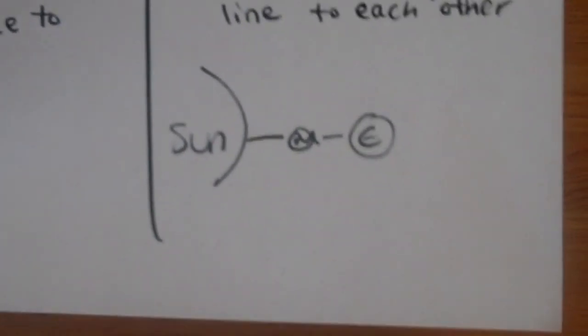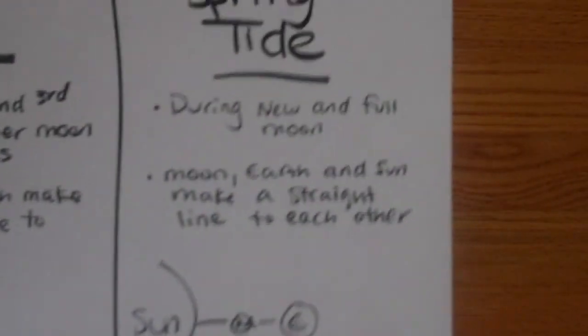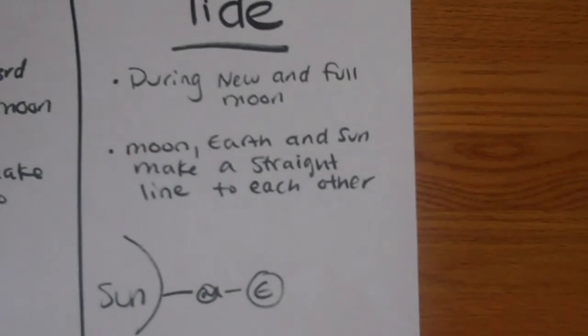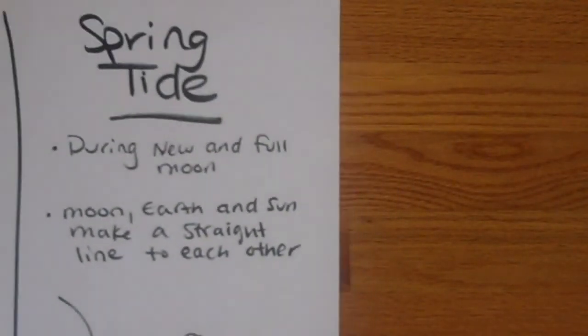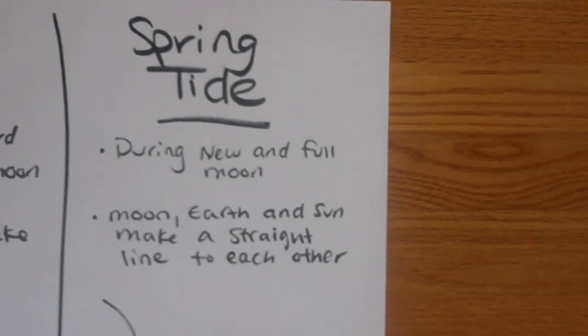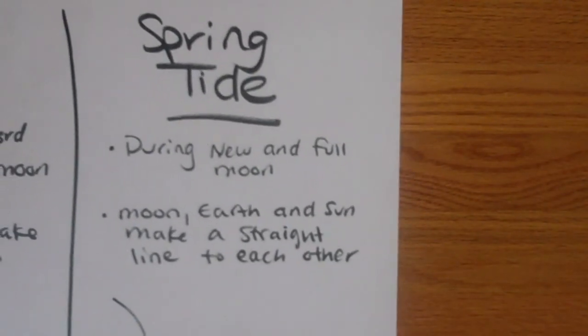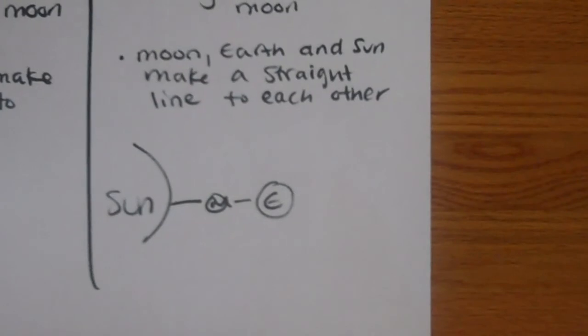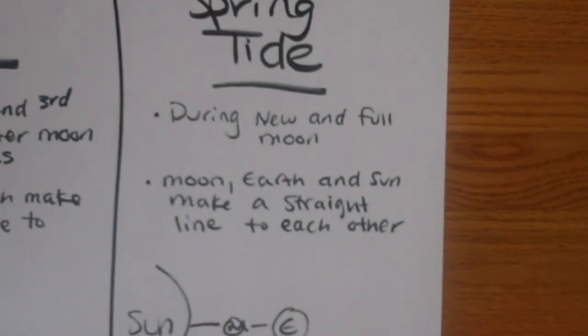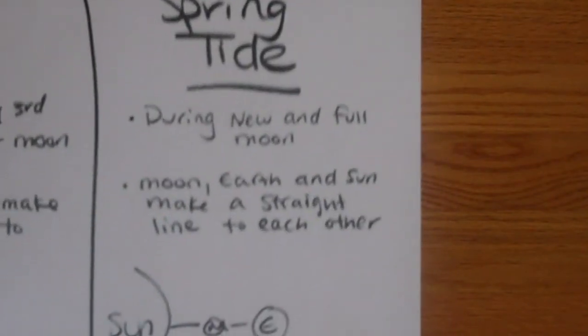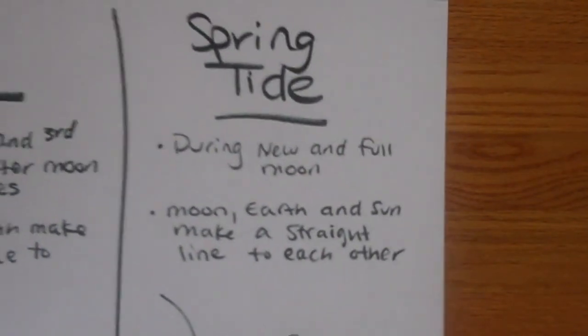That's when you go to the beach and you see really big, super high tides and extremely low tides. That's probably one of my favorite times to go to the beach, because you have a lot of sand during that new moon or full moon phase, because you have an extreme amount of water coming in and out during a spring tide during those two phases.